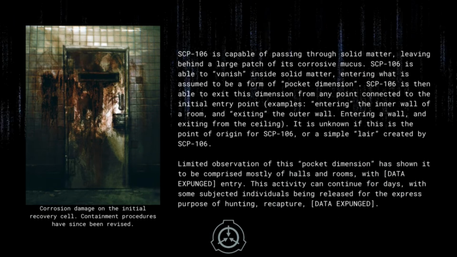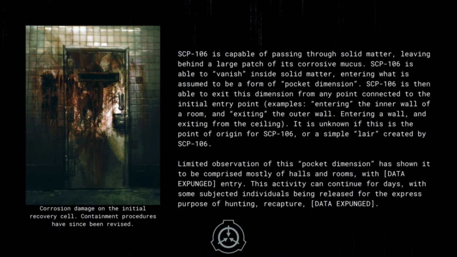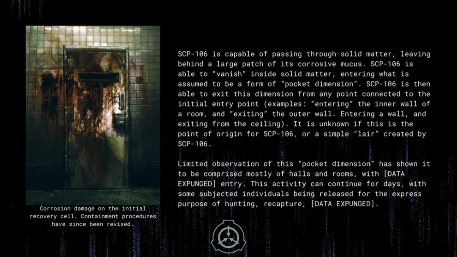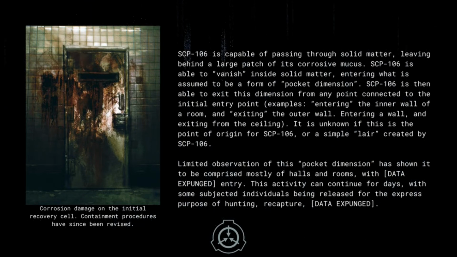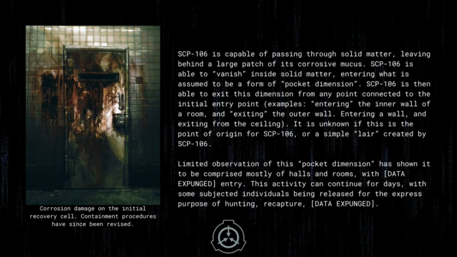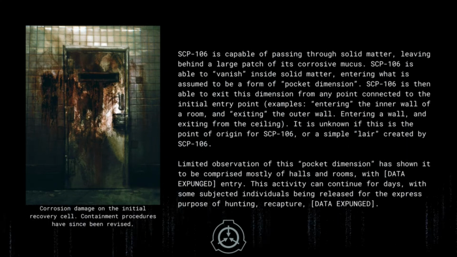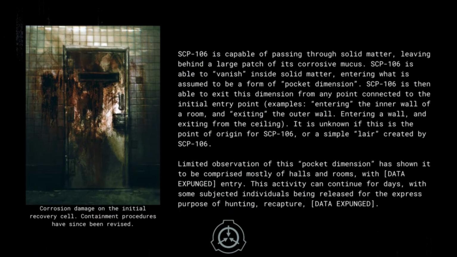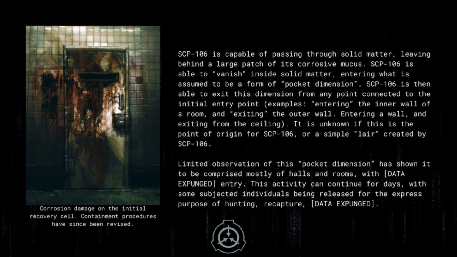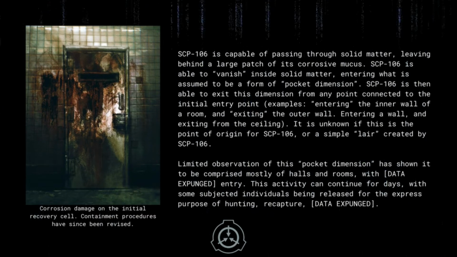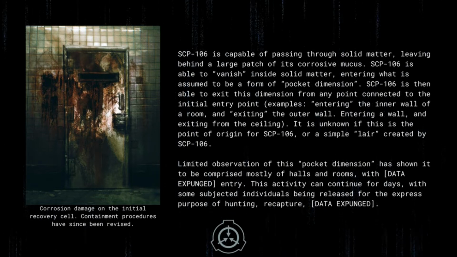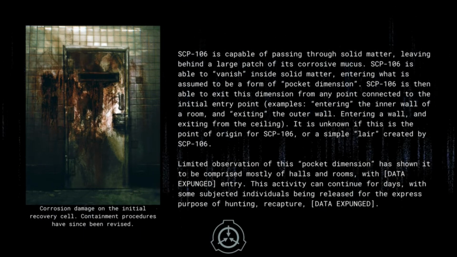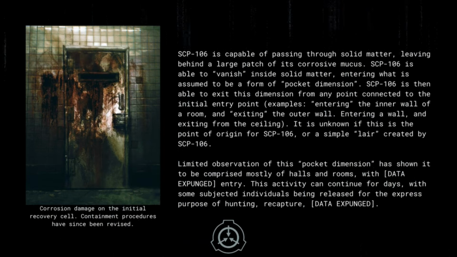SCP-106 is able to vanish inside solid matter, entering what is assumed to be a form of pocket dimension. SCP-106 is then able to exit this dimension from any point connected to the initial entry point. Examples: entering the inner wall of a room and exiting the outer wall, entering a wall and exiting from the ceiling.